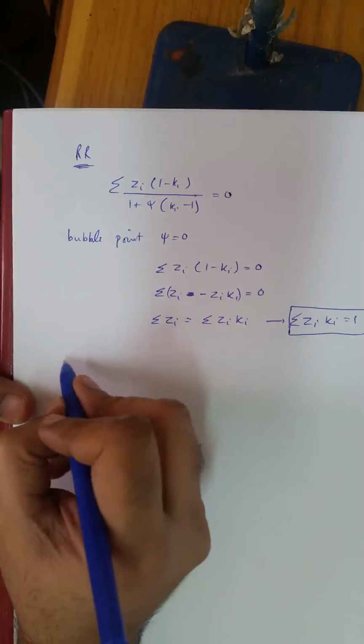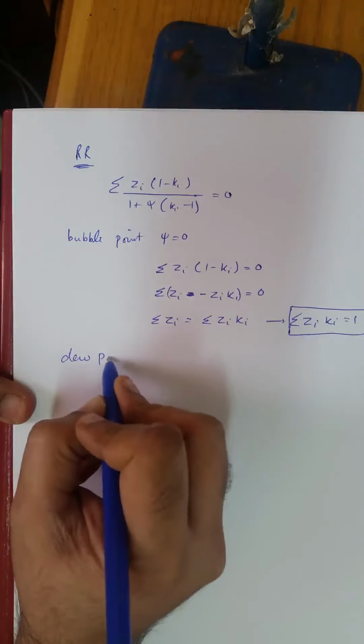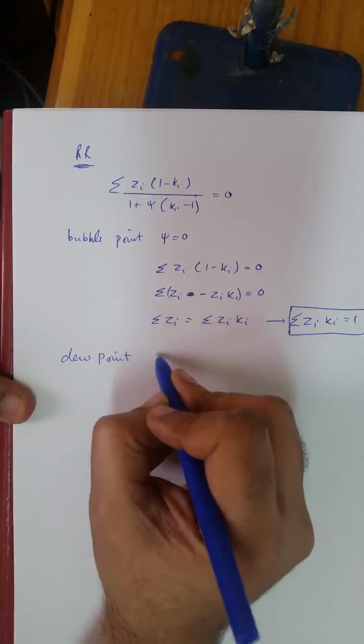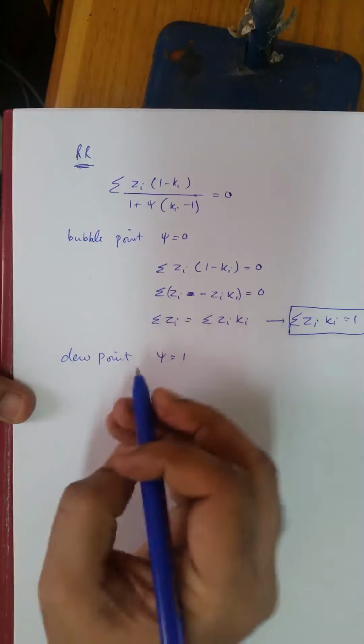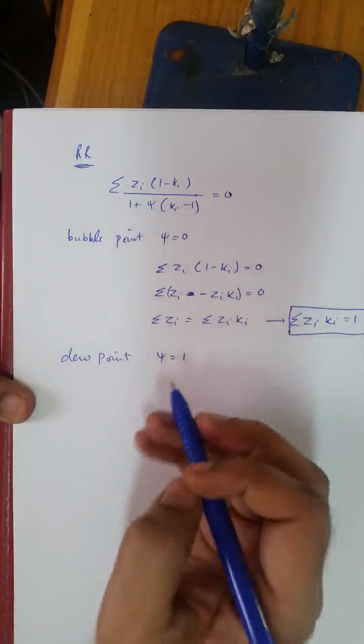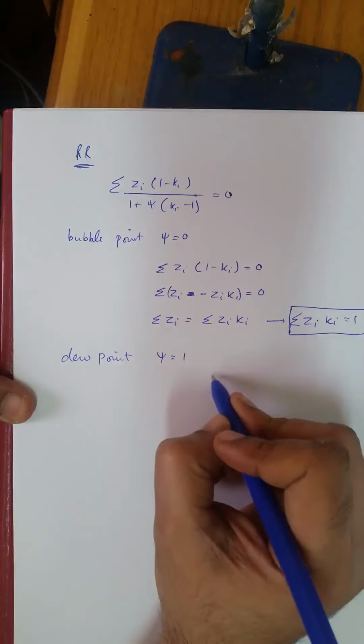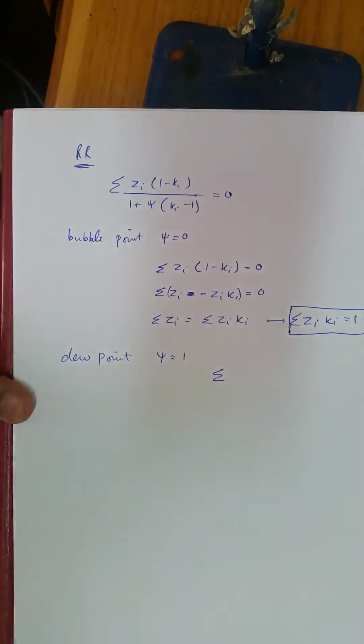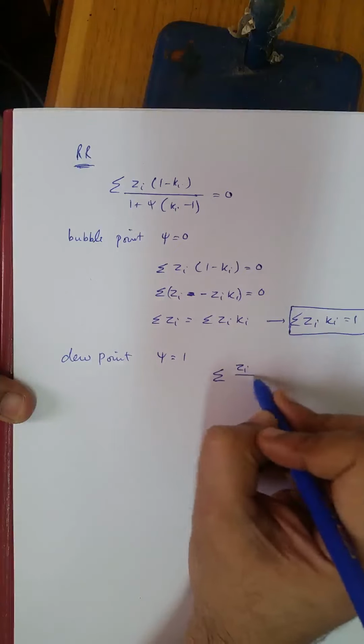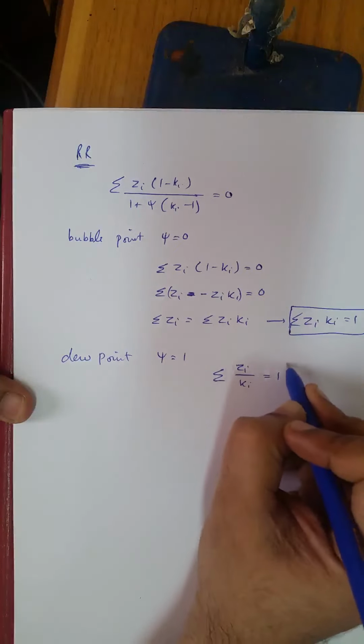Similarly for the dew point, psi will be equal to 1. Plug in the value the same way, and if you simplify, your answer comes out to be summation of zi over Ki equal to 1.